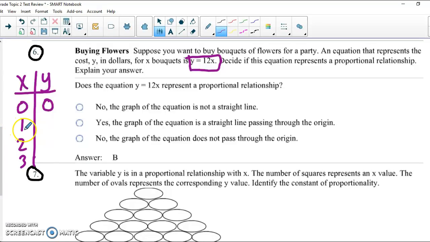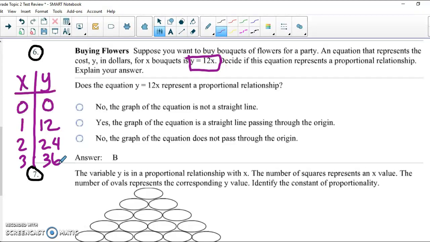Now let's substitute 1 into my equation for x. 12 times 1 is 12. Now I'm going to substitute 2 for x. 12 times 2 is 24. And if I put 3 in for x, 12 times 3 is 36.